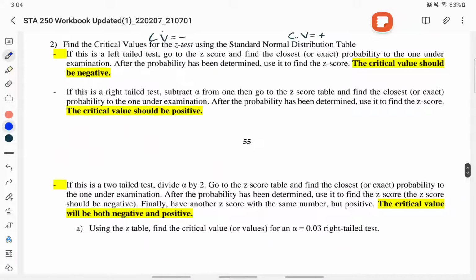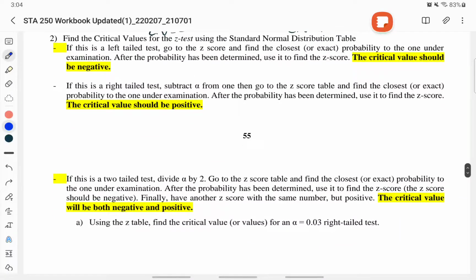We have to find the critical values for a z-test and a t-test. First we're going to find out how to find the critical values for the z-test, and then we're going to go over how to find the critical values for the t-test.